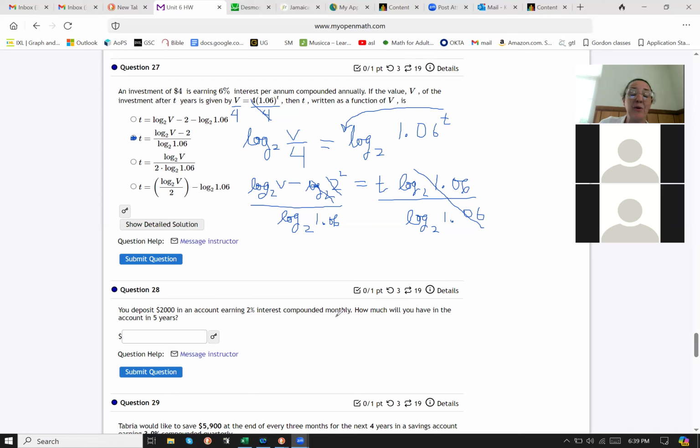So you want to be thinking, well, compound interest formula or the future value formula. But here it's asking how much will you have in 5 years? So you want the one that's solved for A, you want the future amount.